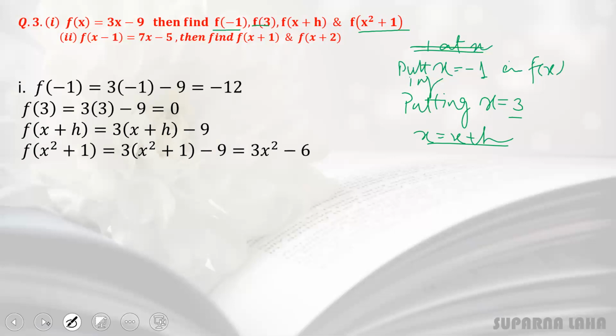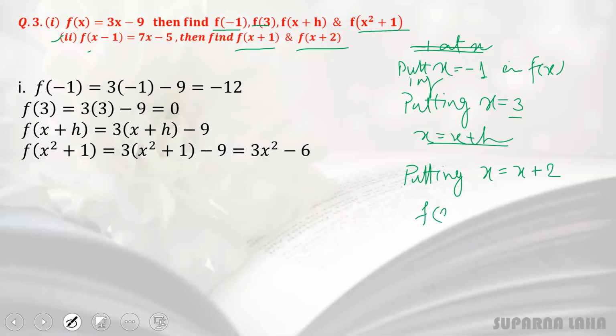Next, number 2. f of x minus 1 is given. That is, functional value at x minus 1 is 7x minus 5. You need to find f of x plus 1 and f of x plus 2. Now, in the place of x, just put x plus 2.